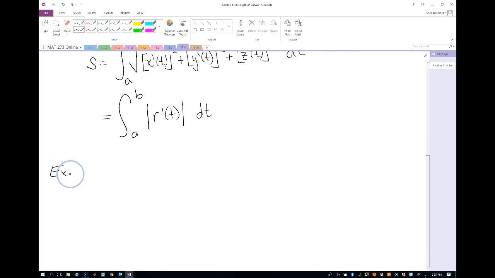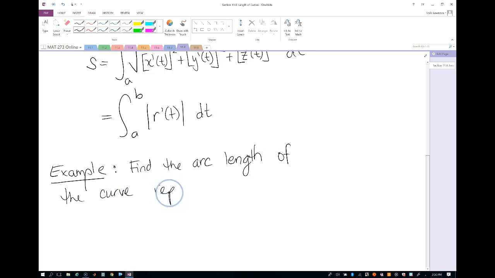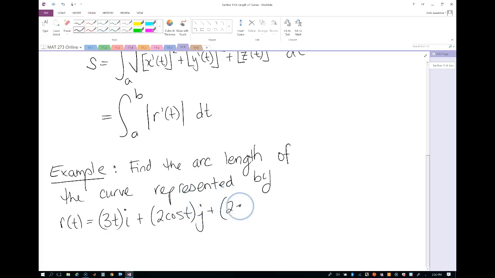Let's try a couple of examples. We want to find the arc length of the curve represented by r of t equals 3t i plus 2 cosine t j plus 2 sine t k on the interval 0 to 4 pi.